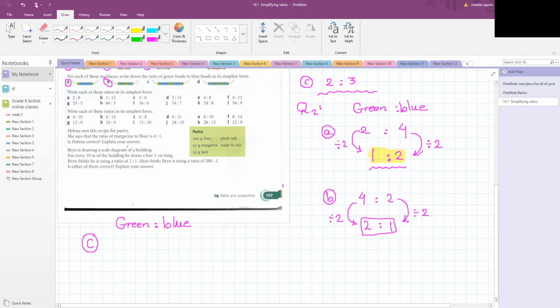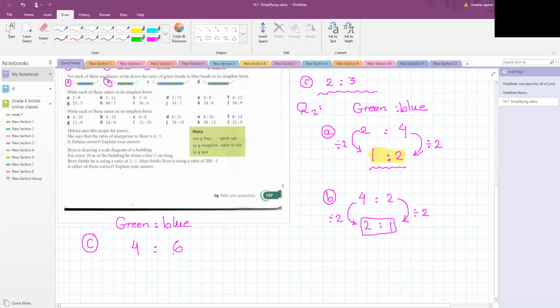How many green beads do we have here? 1, 2, 3, 4. So we have 4 green beads. How many blue beads do we have? 1, 2, 3, 4, 5, 6. We have 6 blue beads.